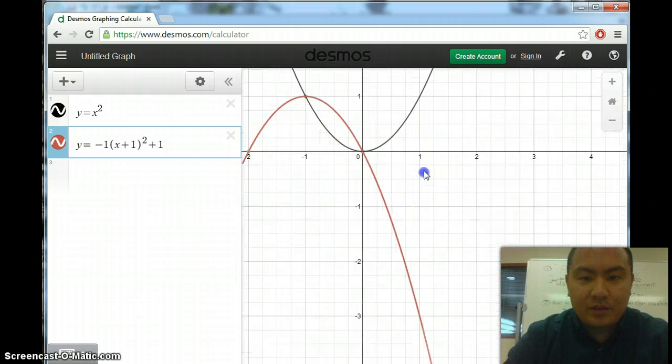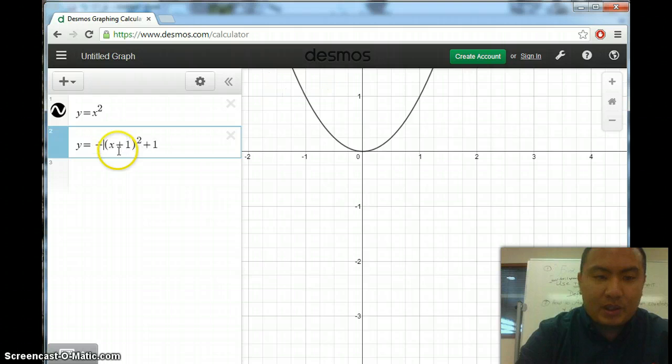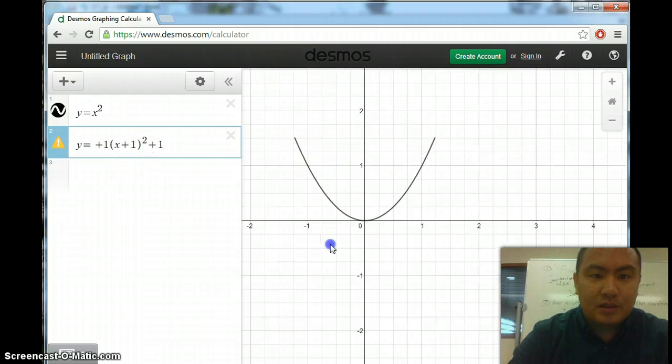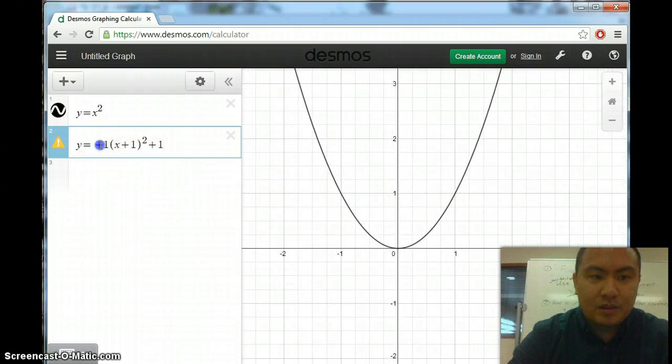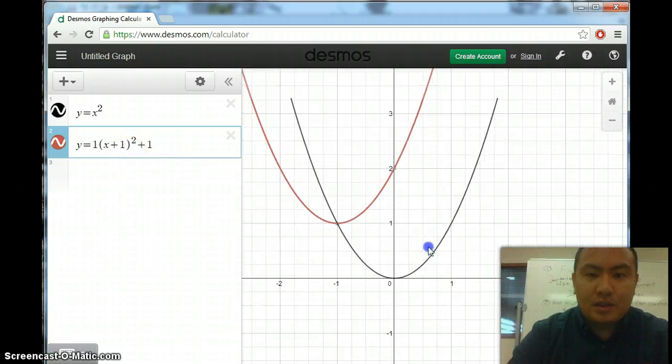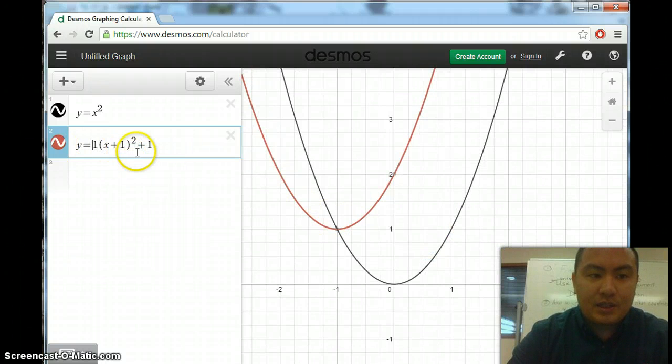Instead, I'm going down 4, to right there at negative 3. So watch, if I make this a plus 1, it's going to be like that. But as I make it a negative 1, it flips it. Positive 1, negative 1.